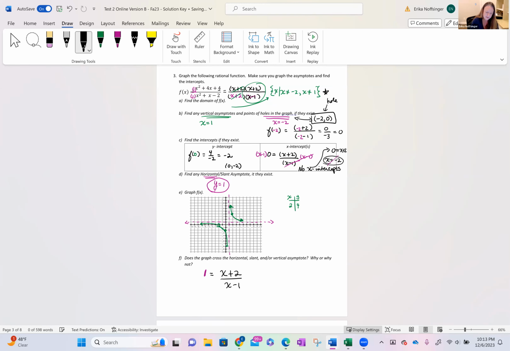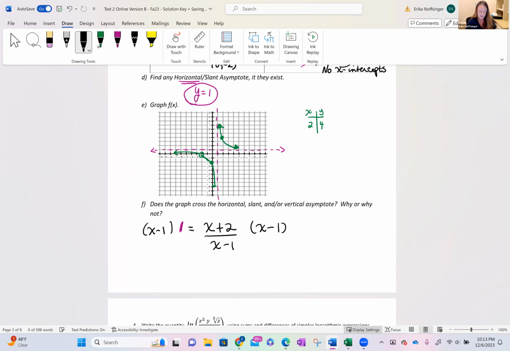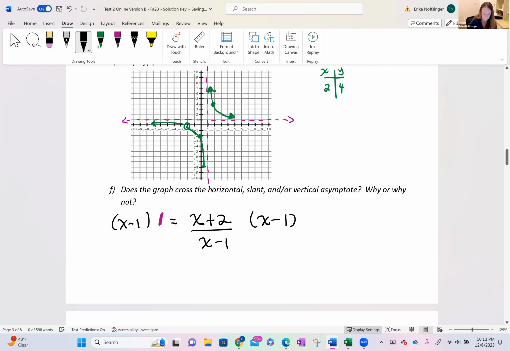If I multiply both sides by my denominator, x minus 1, and solve for x, well, 1 times x minus 1 is x minus 1 is equal to, well, my x minus 1 cancel, x plus 2.